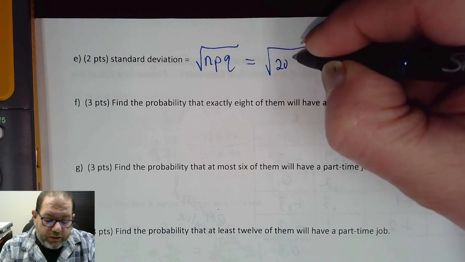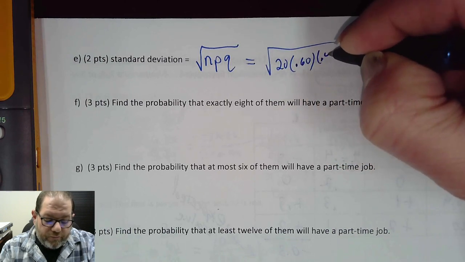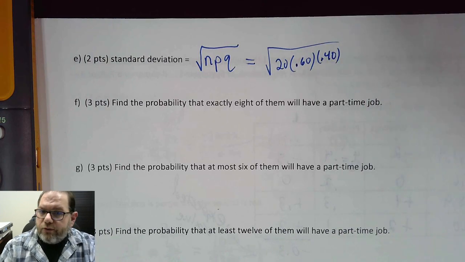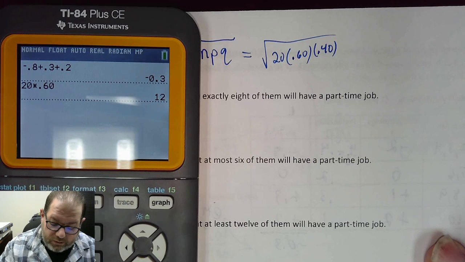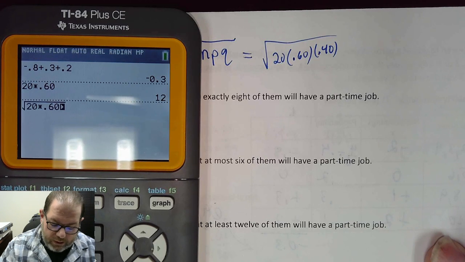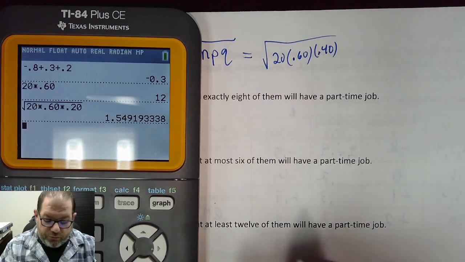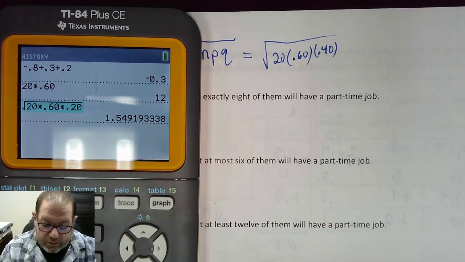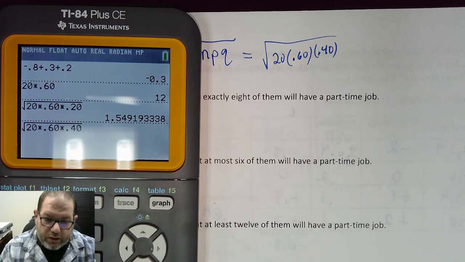N is 20, P is 0.60, and Q is 0.40. That's what we found on the previous page, so we're just plugging in these numbers. So we're taking the square root of 20 times 0.60 times 0.20, hit enter, and so we get, oh, not 0.20, I'm sorry, 0.40.